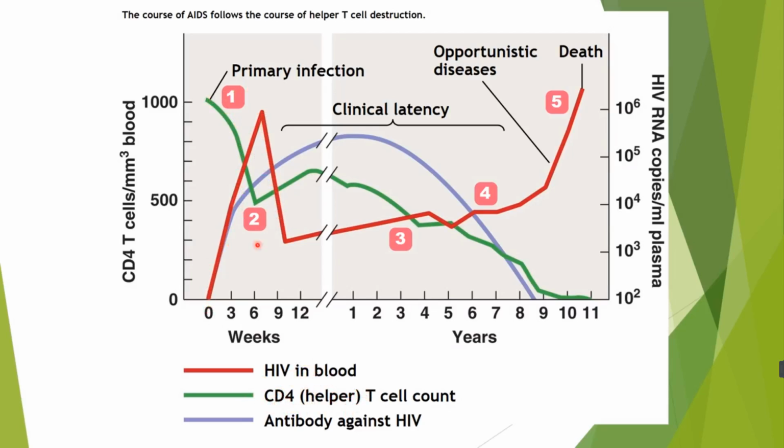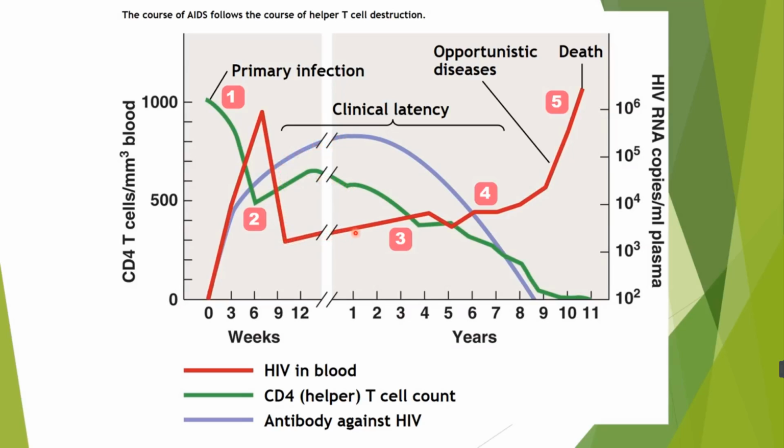They drastically go down in the beginning, and then they have a slow rebound as they go up. So we have decreasing HIV numbers, increasing CD4 T helper cells, as well as antibodies against that virus. Everything looks good. We seem to have control of the disease. The number of virions is decreasing.